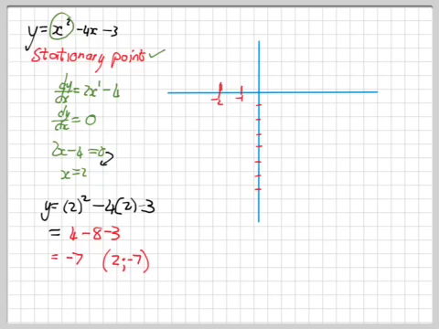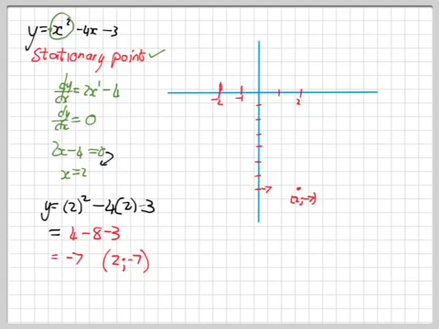So I know that at negative 2 and negative 7 there I would have my turning point. Oh, I apologize. It's not at negative 2, but at x equal to positive 2. So at x equal to positive 2 and negative 7, I have my turning point, (2, negative 7). And from experience, I know that this is a smiling parabola because it's a positive x squared.